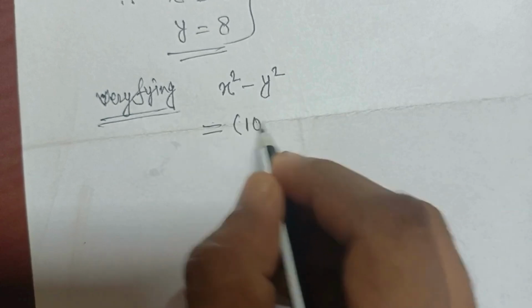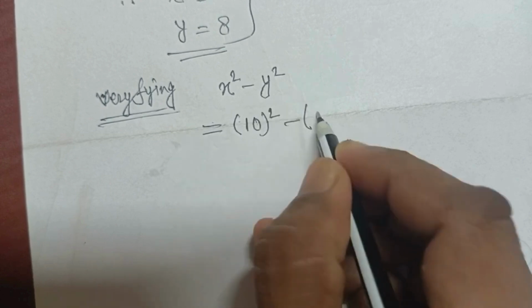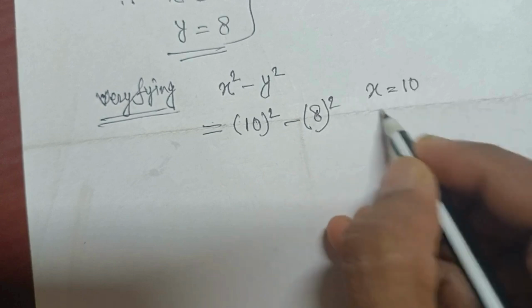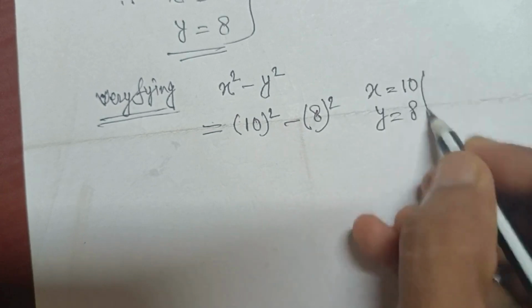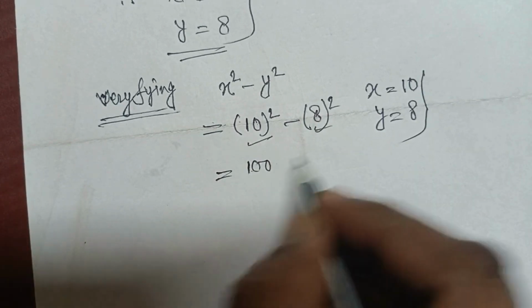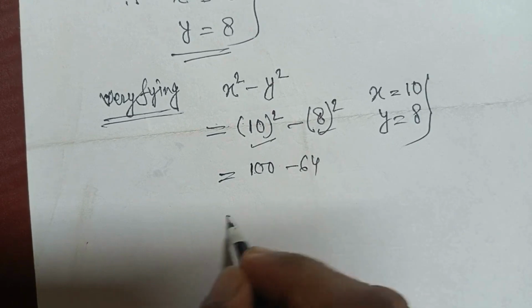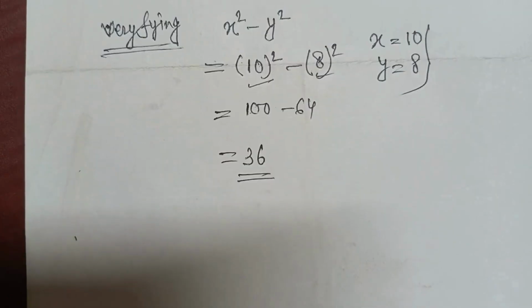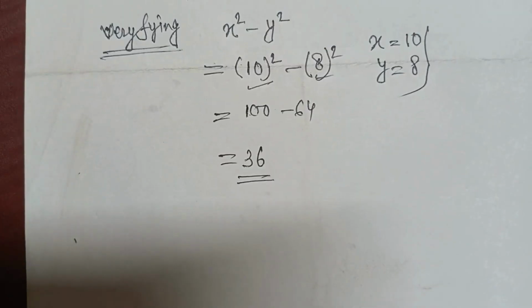We put the values x is equal to 10 and y is equal to 8. 10 square means 100 and 8 square means 64. We get 36. So it's verified. So we found the value of x and y.